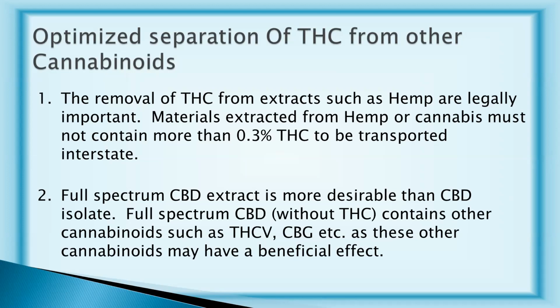But you can also have just a pure CBD extract, and that's called CBD isolate. The full spectrum CBD extract is considered to be more desirable because you have these other cannabinoids and they may have other beneficial effects. So it's nice just to be able to remove the THC rather than to focus on the isolation of CBD.